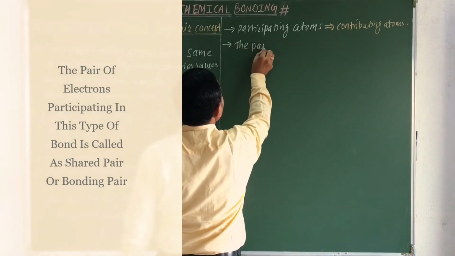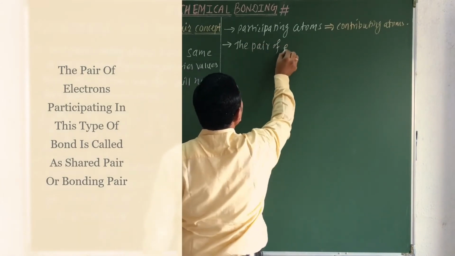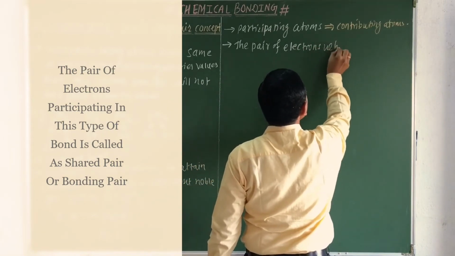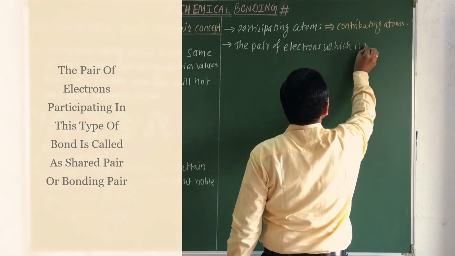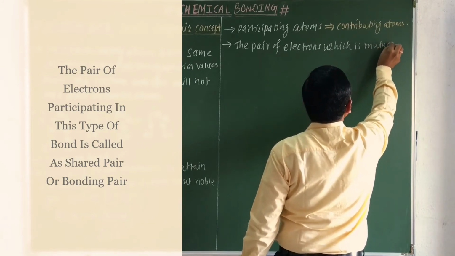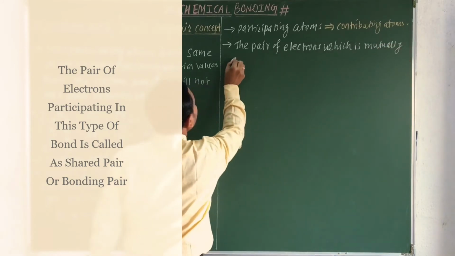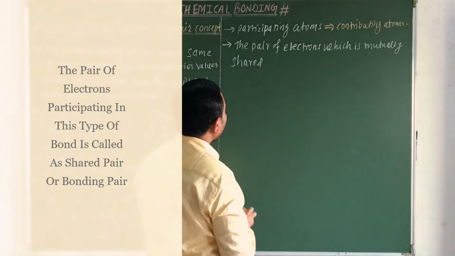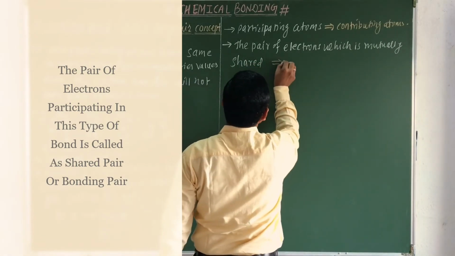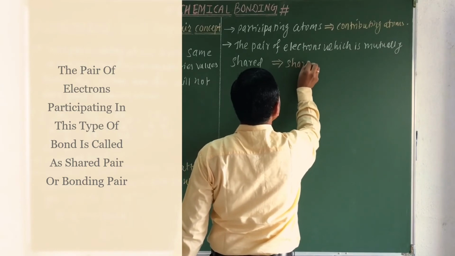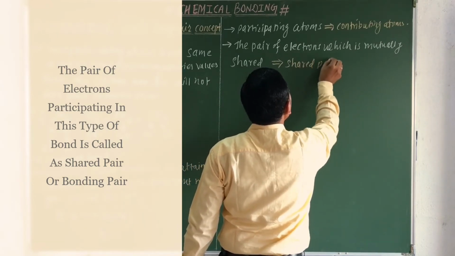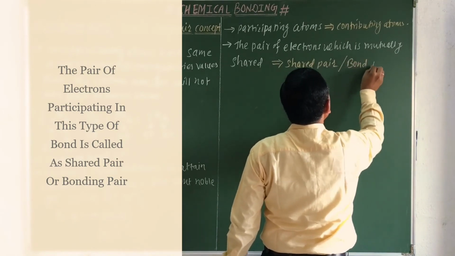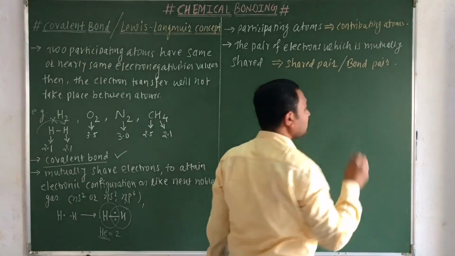The next point to remember regarding the covalent bond is that the pair of electrons which is mutually shared between these two atoms is known as a shared pair, or it is also called a bond pair. Keep this in mind.